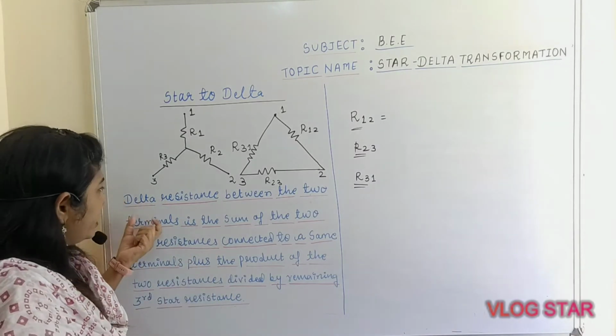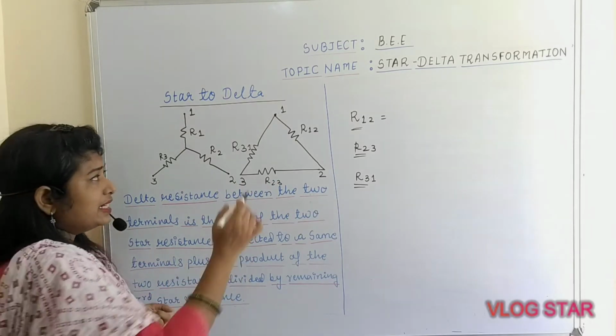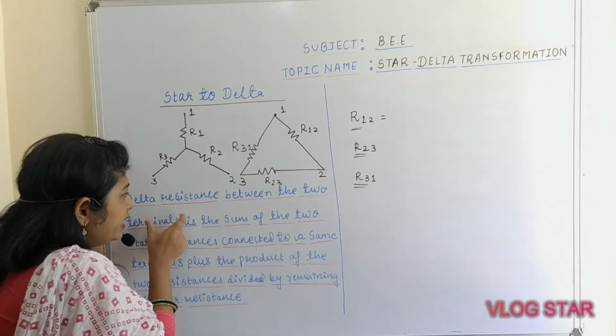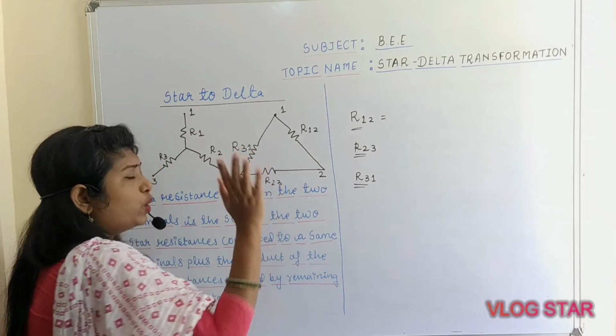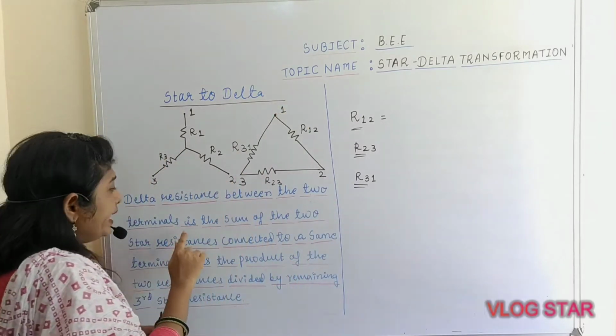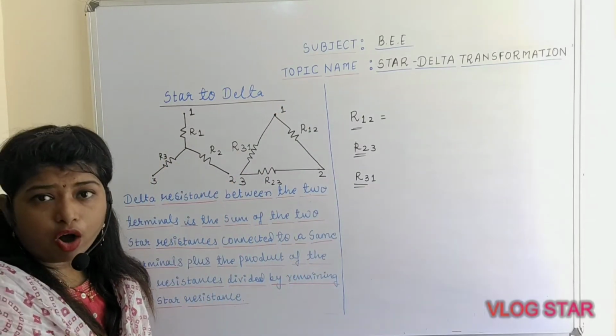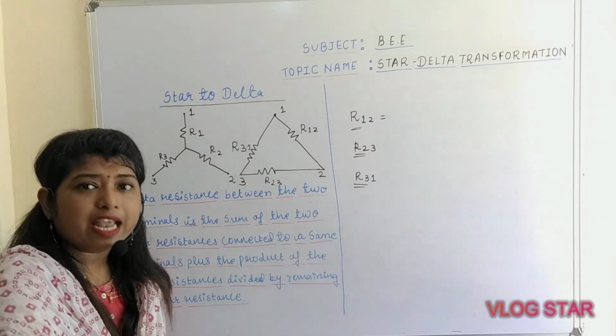The delta resistance between two terminals, let's consider R1,2, between terminals 1 and 2, is the sum of two star resistances connected at the same terminal.